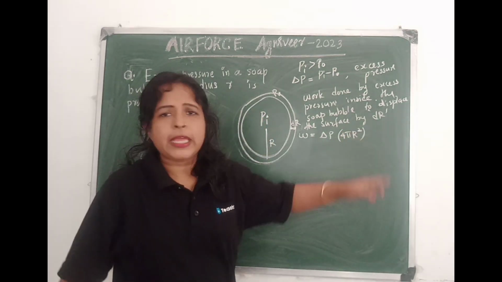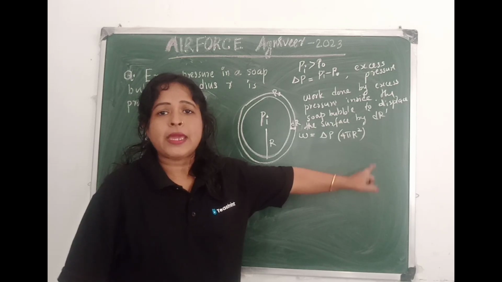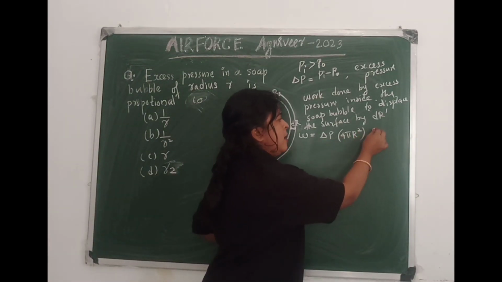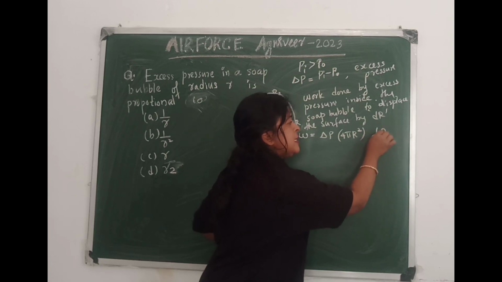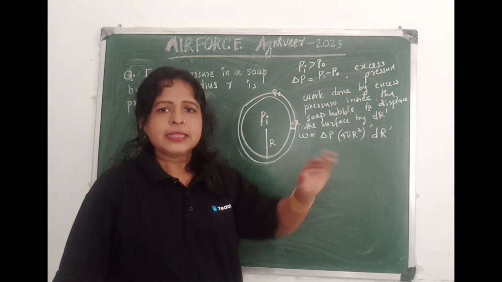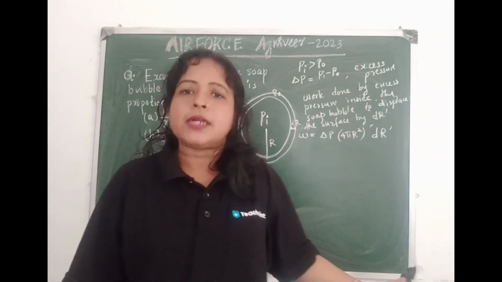What is the surface area of the sphere? It is 4 pi r square into the displaced distance dr. This is the total work. This work is converted into what?